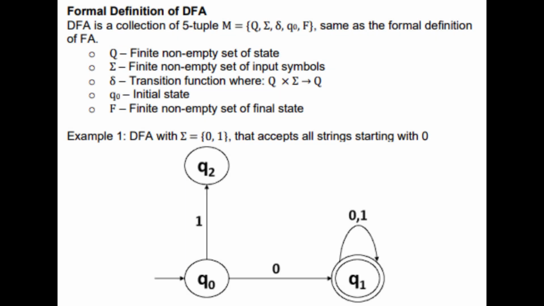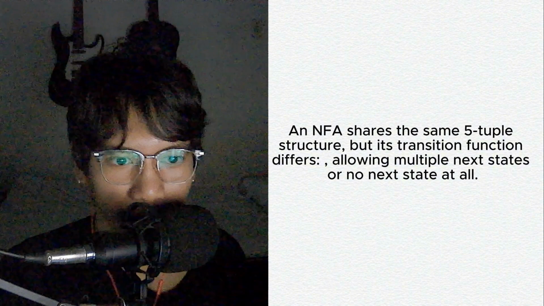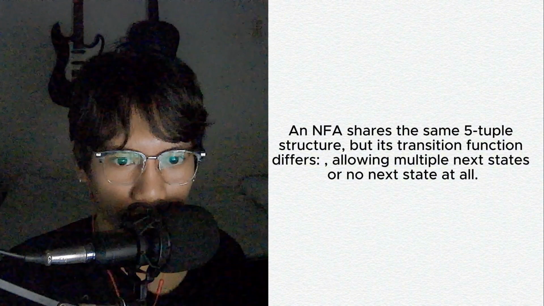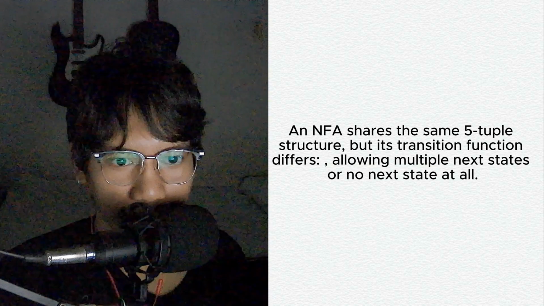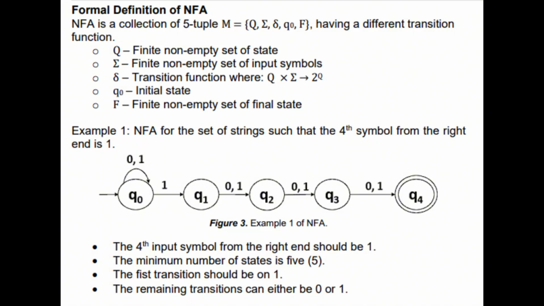This is the formal definition of DFA. Second, an NFA shares the same 5-tuple structure, but its transition function differs, allowing multiple next states or no next state at all. This is the formal definition of NFA.